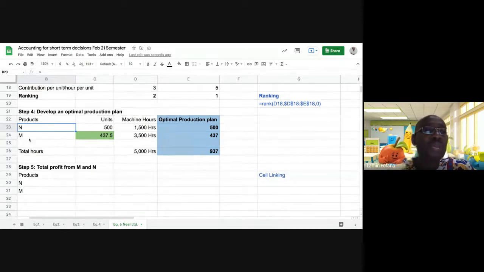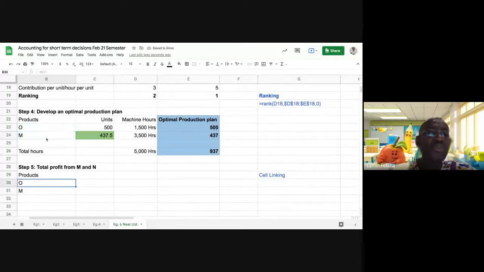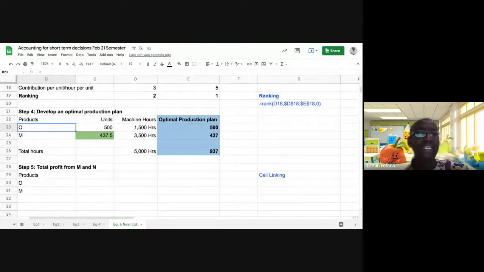You just make only one change. Once you type O and enter, look at what happened. O has changed here. Assuming this has been replicated 1 million times, you do only one change, all the 1 million are going to change automatically like that. Can you imagine how powerful that is?